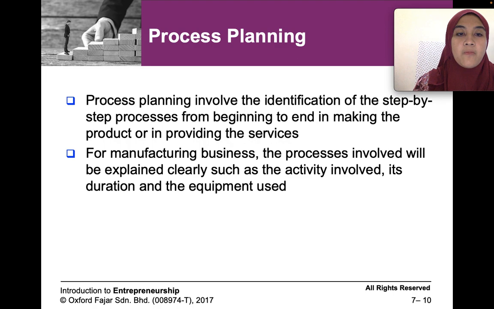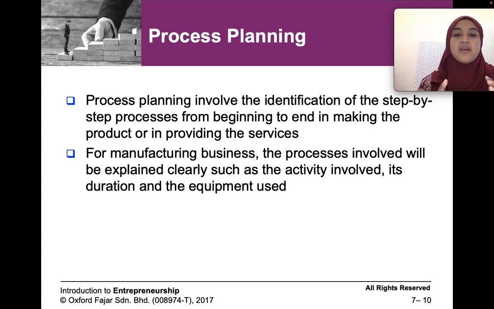For a manufacturing business, the process involved will be explained clearly, such as the activity involved, its duration, and the equipment used. Because manufacturing involves producing an output whereby we can see the end product, it is clearly explained.